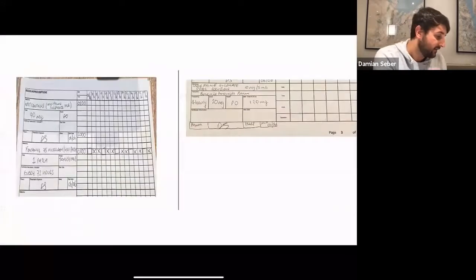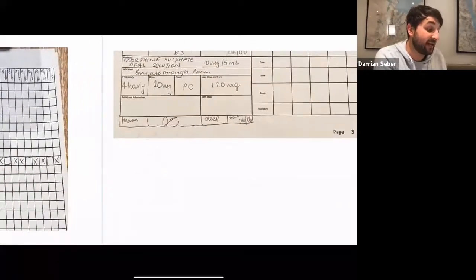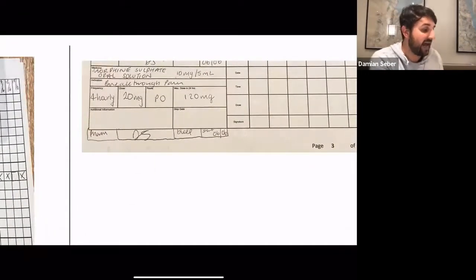Yeah, great. So this is that prescription for you here now. So morphine sulfate oral solution, 10 milligrams in 5 milliliters. Breakthrough pain is the indication, so don't forget to write that. The frequency is 4 hourly, and the dose is 20 milligrams that we're going to give. And then the max dose is 120 in the day.